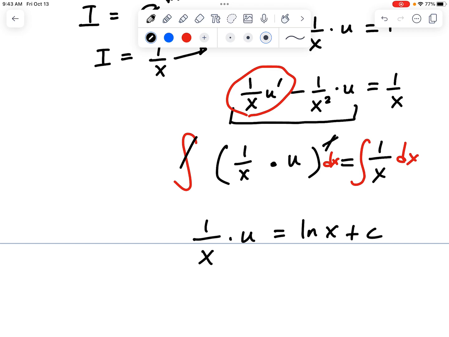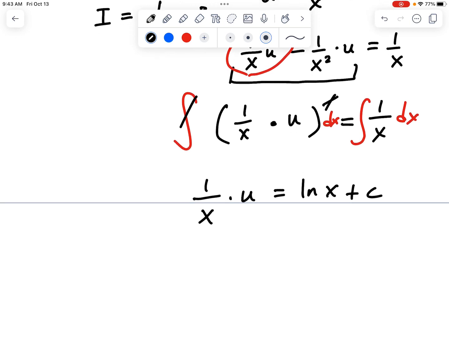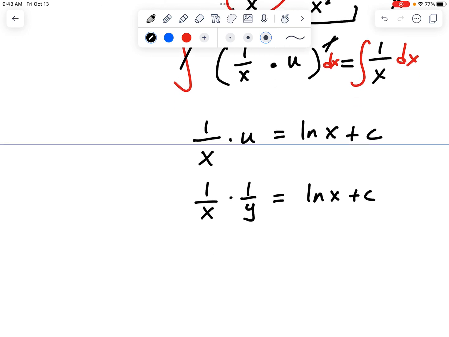Okay, now the original question only had x's and y's, so I need to replace the u. So the u originally was 1 over y, so here we have 1 over x times 1 over y equals natural log of x plus c. And then I still need to solve for y. So one thing I could do is multiply both sides by x. And that means on the left side, all that's left is 1 over y.